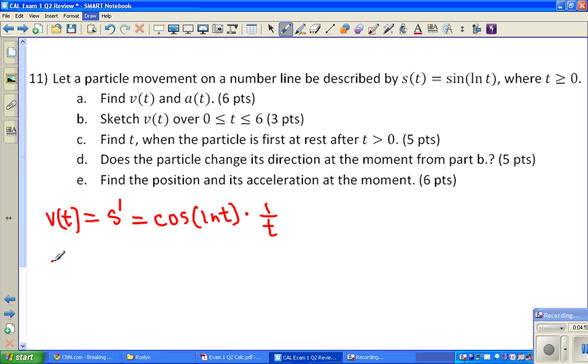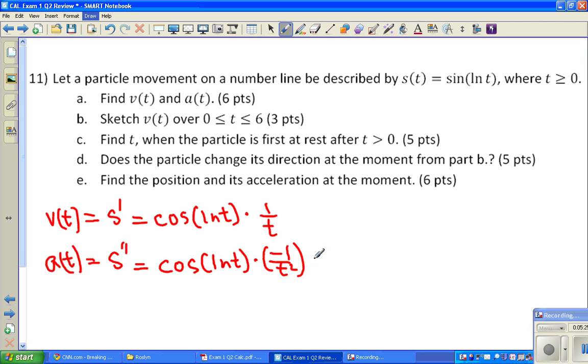Now, how about acceleration? That is simply the double derivative of this. In other words, whatever we got here, we just have to take the derivative of that. One way we can do it is, let's keep cosine of ln of t times the derivative of this, which ends up being negative 1 over t squared.